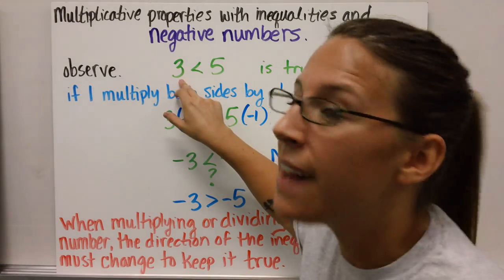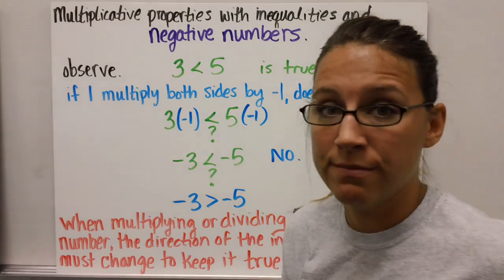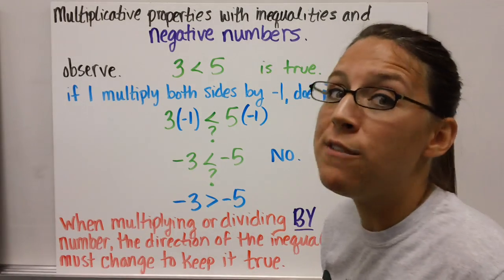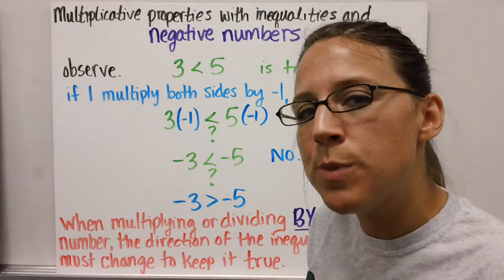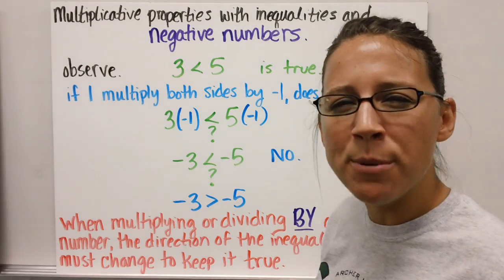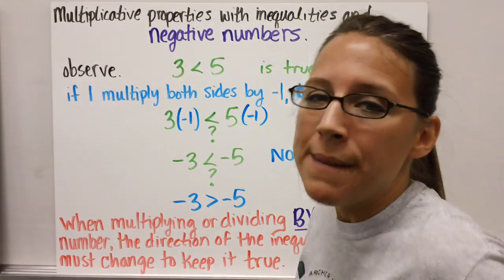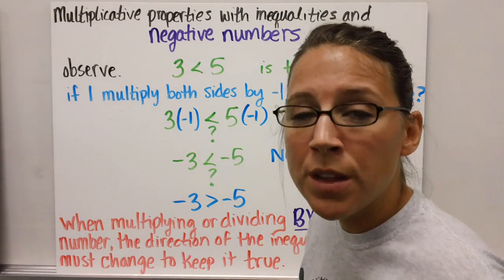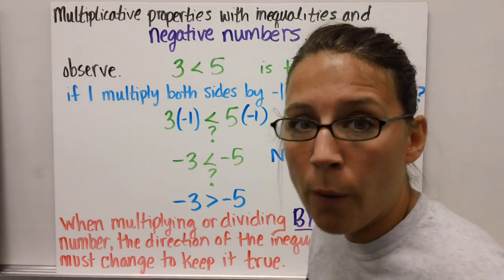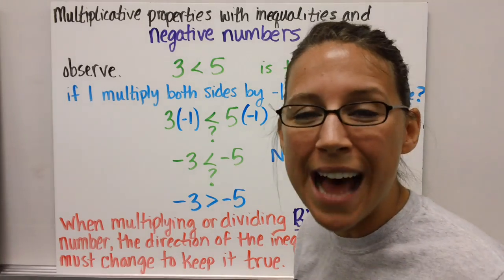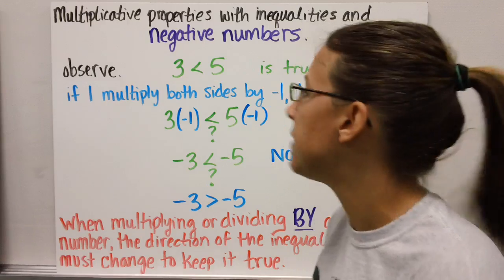It's true that 3 is less than 5, right? 3 is a smaller value than 5, you know this. Now with equations, we had that multiplication property of equality, which said I could multiply both sides of the equation by the same thing and it would stay true. Well, we have an inequality now. So what if I multiply both sides by -1, just for example?